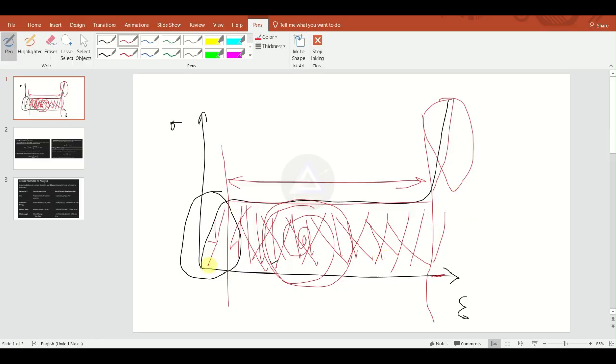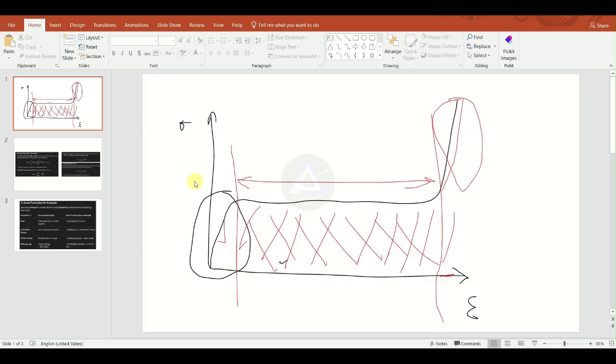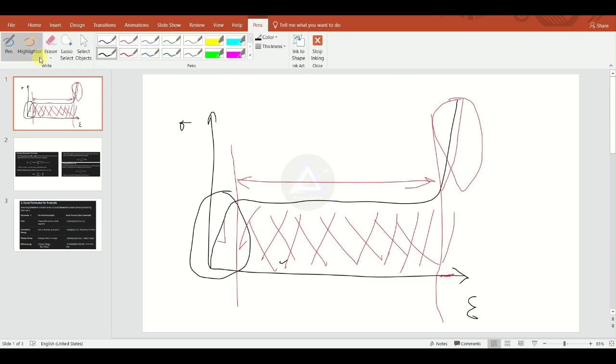Now the area under the curve up to this point can be measured with the efficiency method. Up to this point is known as the densification strain. We need to evaluate it, and the area under the curve up to the densification strain is known as the energy absorption.